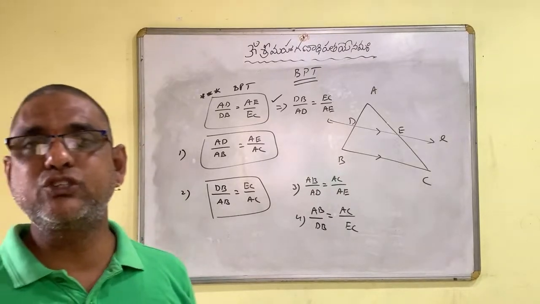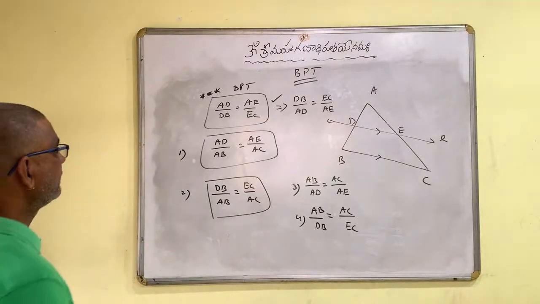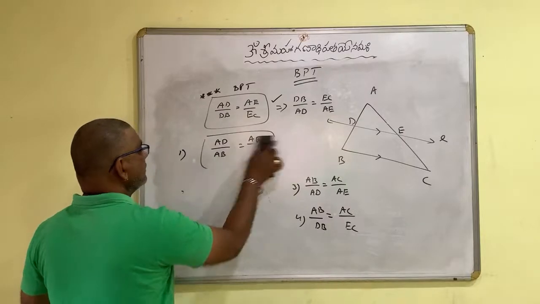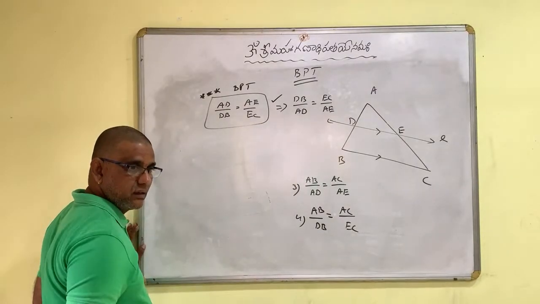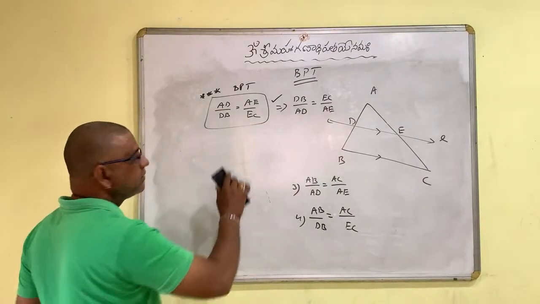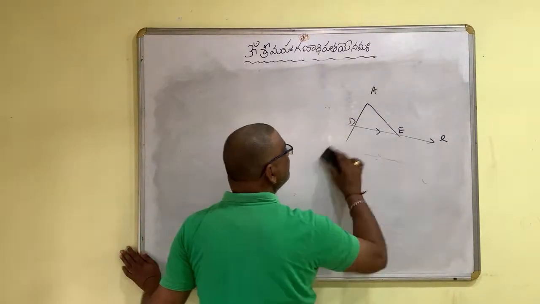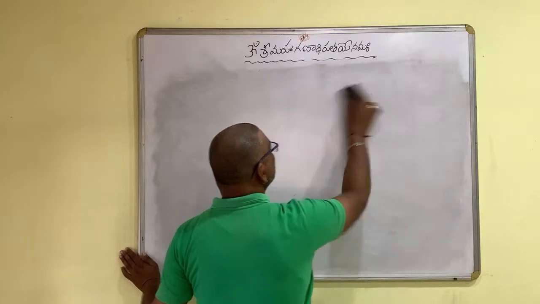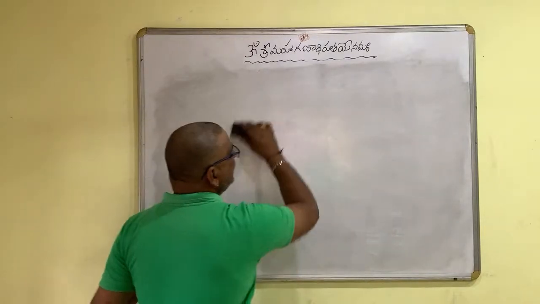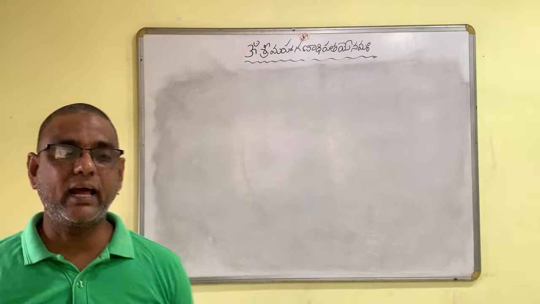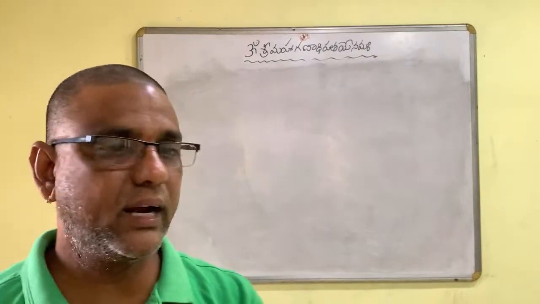Now try to see the previous problem. How will it be? If you see the previous problem, it will be done in 3 steps. What is that?